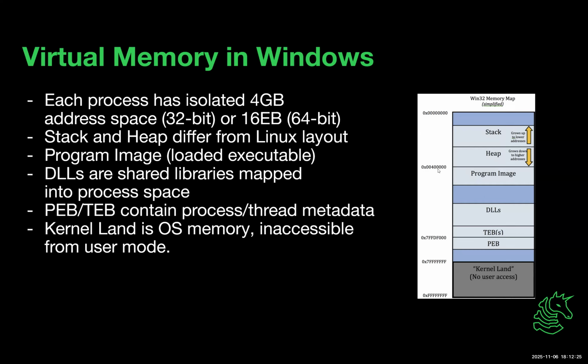You can index it using an address. So you might not always be able to assume that the base address of your code in memory is going to be 0x04 and then all those zeros. You can't always assume that because of ASLR.